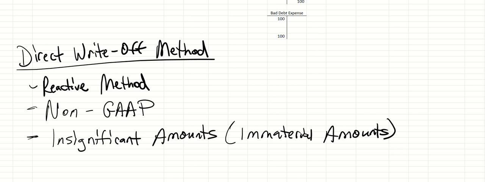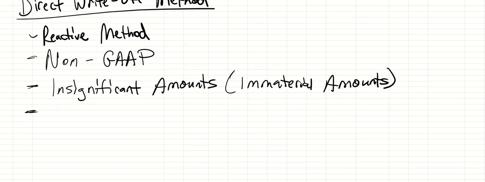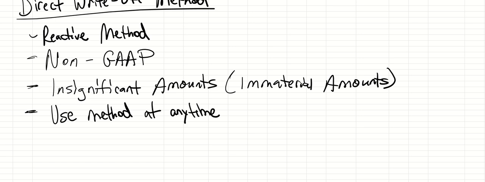So it is a reactive method. It's non-GAAP, so it's not a generally accepted accounting principle. And you use this method on insignificant amounts. And you can use this method at any time, which is another reason why it's a non-GAAP method.